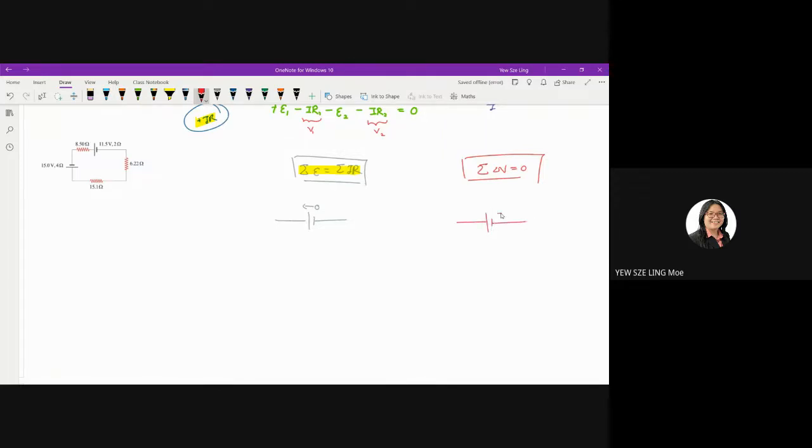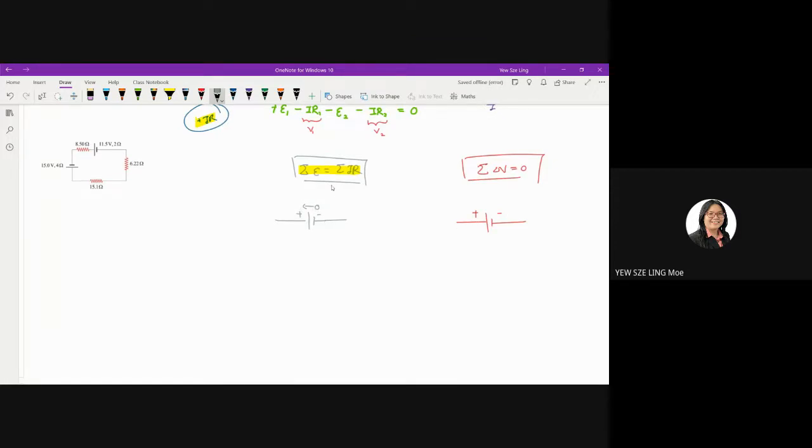We say here is the negative terminal, here is the positive terminal. With summation EMF equals summation IR, even though you are still looking at the negative and positive terminals, rather than the terminal they focus more on the direction of the arrow. So they say the arrow is pointing from negative to positive.